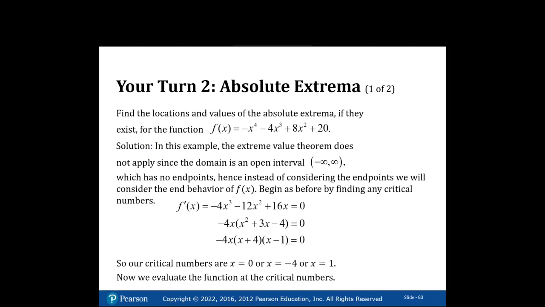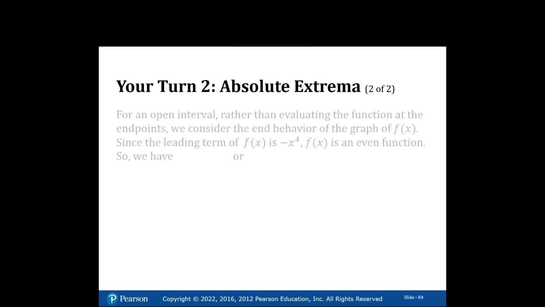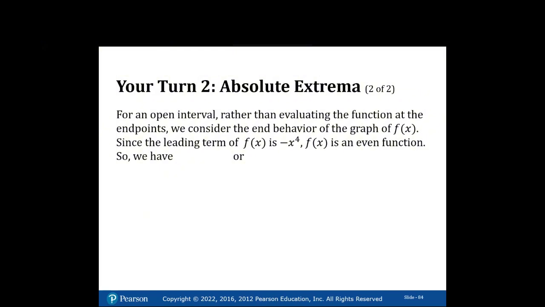Now we're going to evaluate it at those values, right? So that's how we're going to figure out what our chart is. But when we're looking at those endpoints, instead of looking at the value of the endpoints, we're looking at end behavior, what happens as we go to infinity and negative infinity. Because f of x is an even function to the fourth power, it's going to have end behavior where it's going both up or both down.